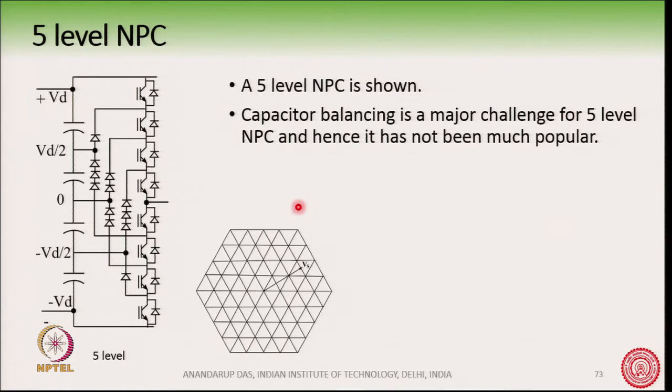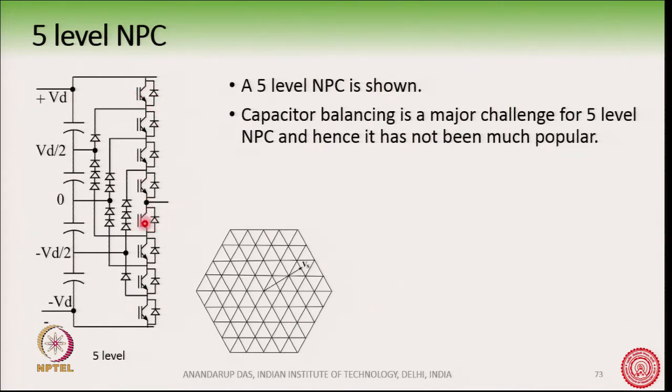Okay. So, in this converter, suppose we want to get the Vd voltage, that is the pole voltage with respect to this 0 point. If I want to get Vd, then I will turn on 1, 2, 3, 4, all the 4 switches here. On the other hand, if I want to get Vd by 2 voltage, what we can do is turn off this switch and turn on this switch.